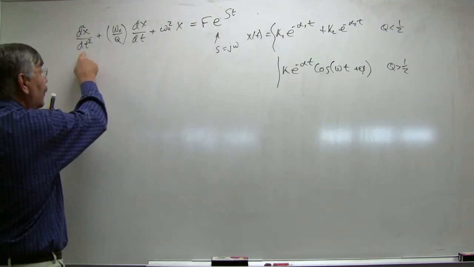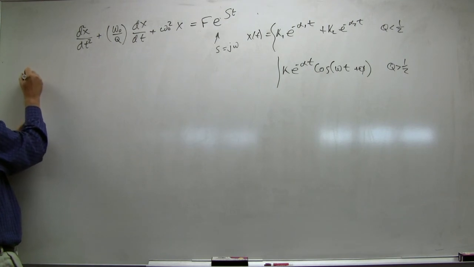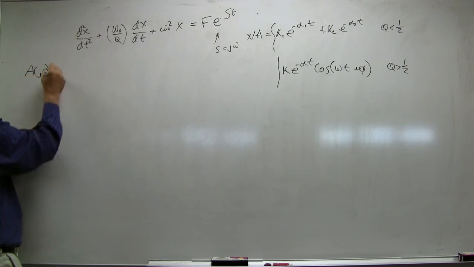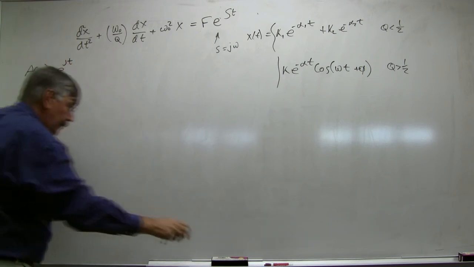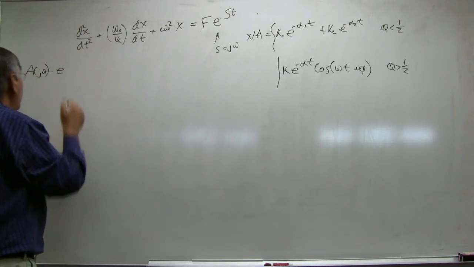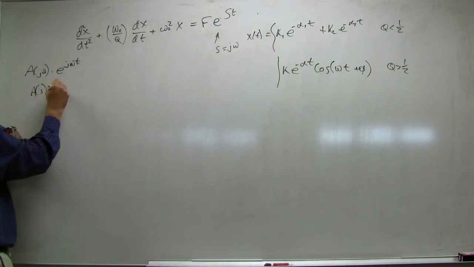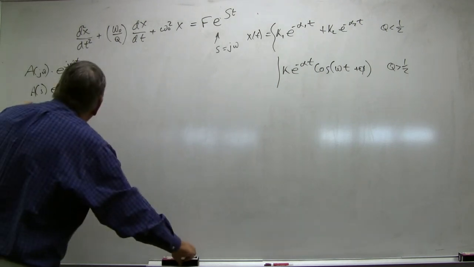The solution is going to be, in general, a constant A, which is going to depend on s or j omega, times the complex exponential. So our solution is going to be e to the j omega t, or we'll write it as A of s times e to the st, again for convenience. And the convenience is going to start now.